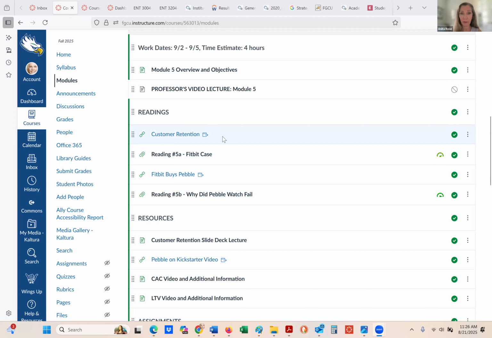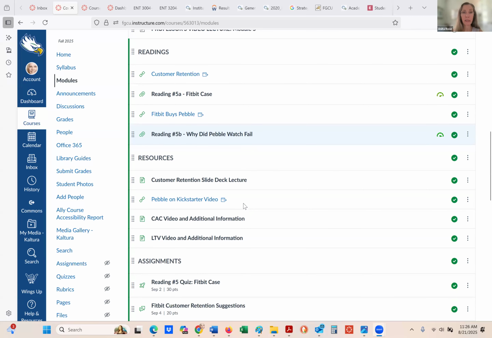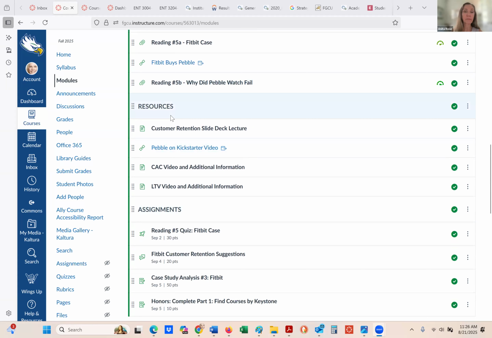I think you'll find that very informative, and as well as the case study analysis, and then a brief reading on Fitbit buying Pebble. And then here is the supplemental reading for the case study on why did Pebble watch fail. So interesting readings.